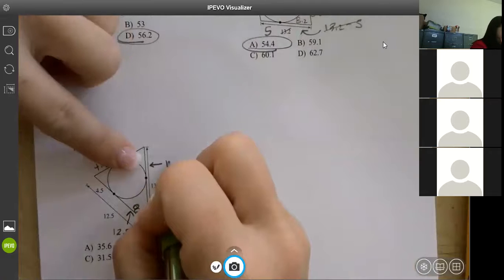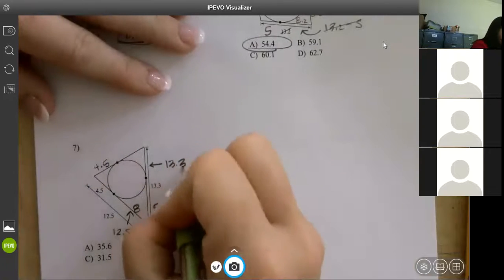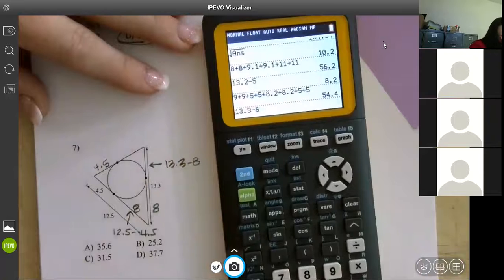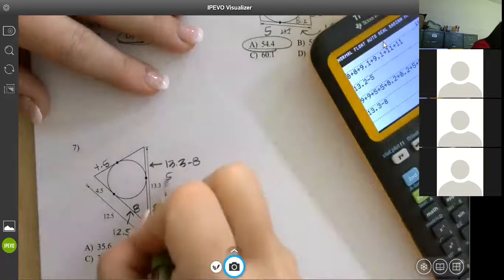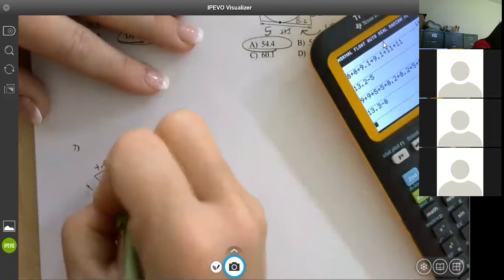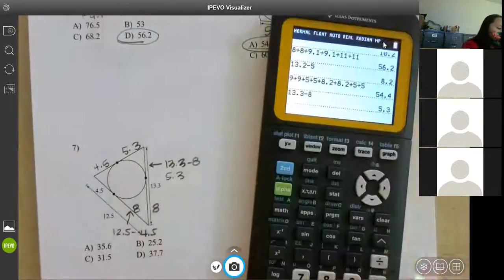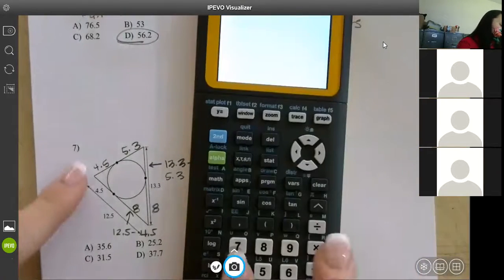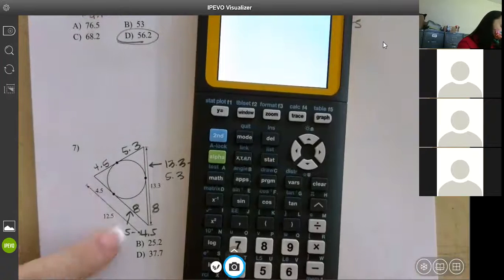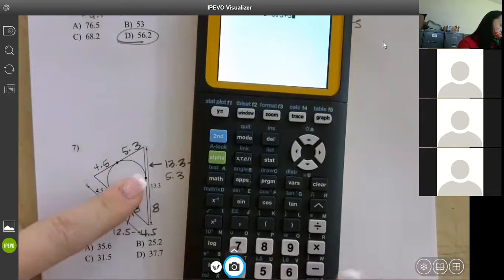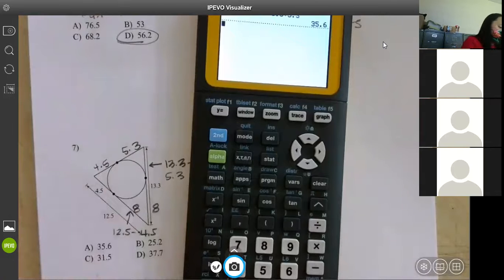How do I find this top part? 13.3 minus 8. So this side is 5.3. Add them up. Again, if you need to, mark out what you have. I started with 4.5. I found 8. And then I got 5.3. So it gives me 35.6. We're almost done, sorry. 3 more problems.